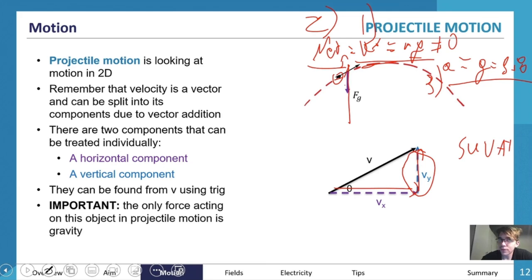Therefore, no forces. Therefore, the net force is equal to zero. No forces, first step. Second step, net force equal to zero.